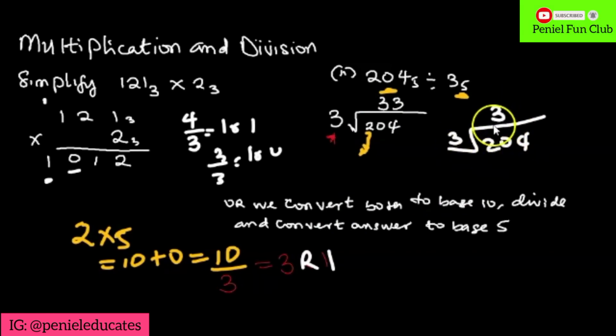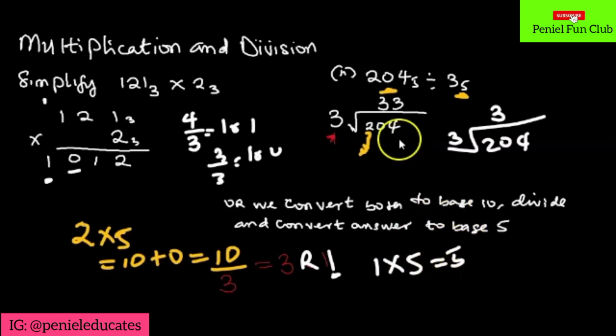We put the 3 here, and the remainder is 1. This remainder 1 we multiply again by the base, that is times 5. Then our answer is 5.